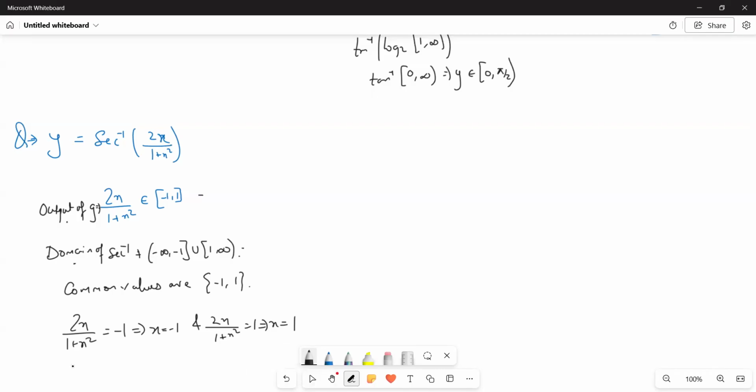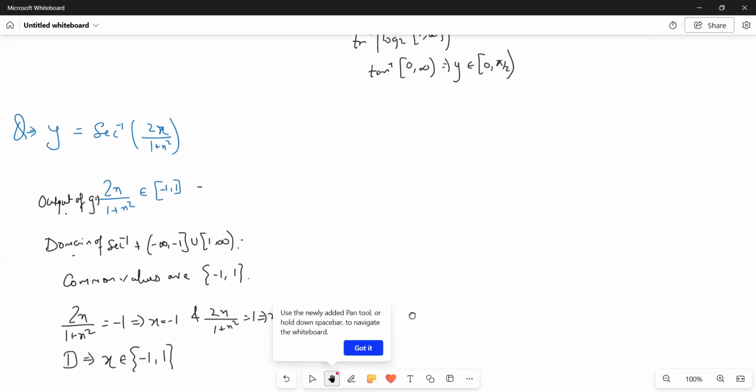So which means the domain of the function is only two numbers, -1 and 1. The function sec inverse of 2x by 1 plus x square is only defined for two values, 1 and -1. Is everyone able to understand this? Yes, sir.